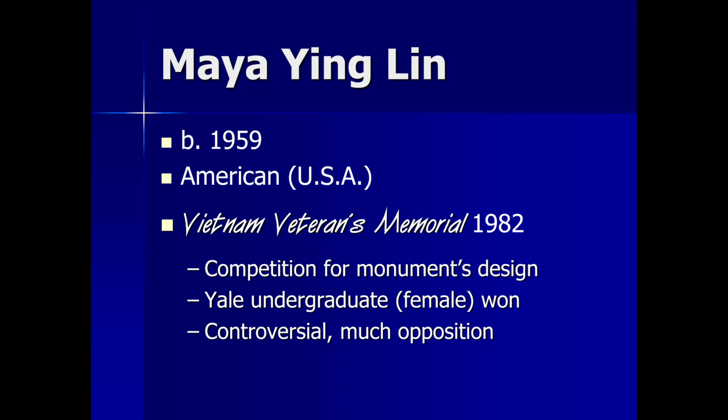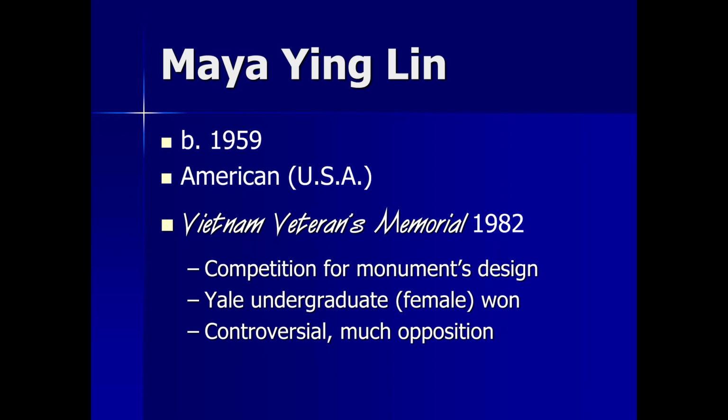And when it was discovered that the person who designed the winning monument was female and an undergraduate at Yale, and I think probably also that she was of Asian heritage, even though she's an American, all of that caused a great deal of controversy, as did her design.